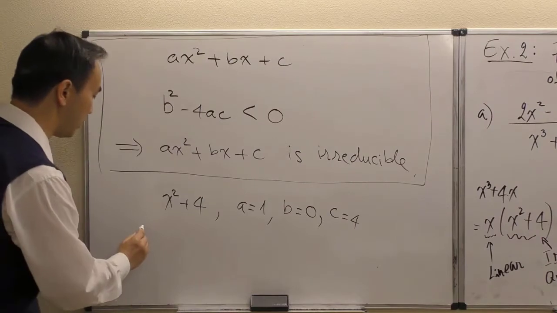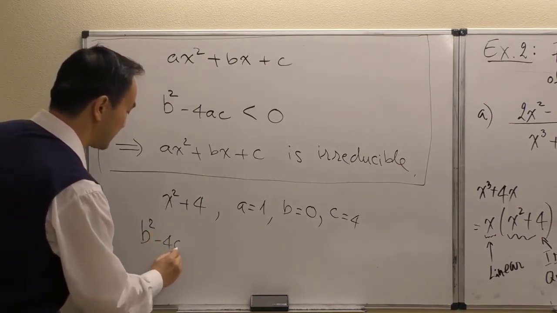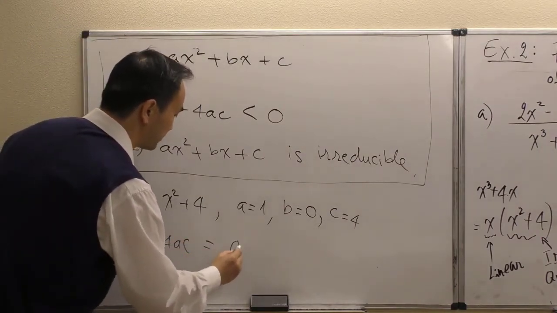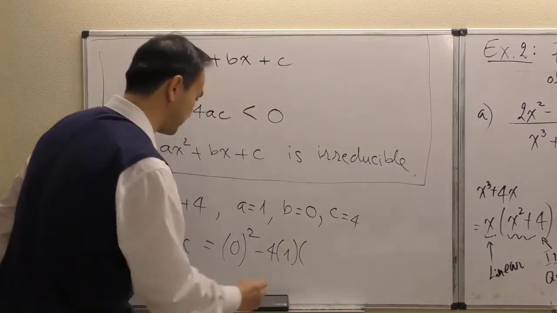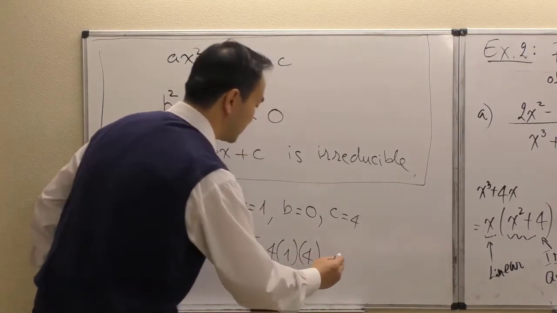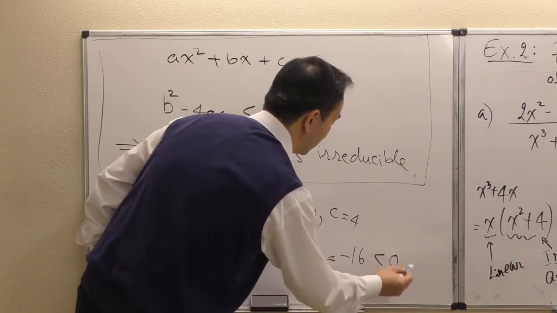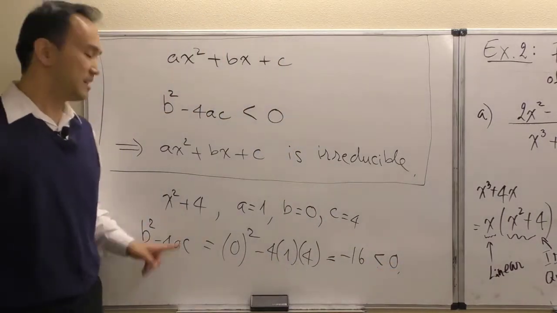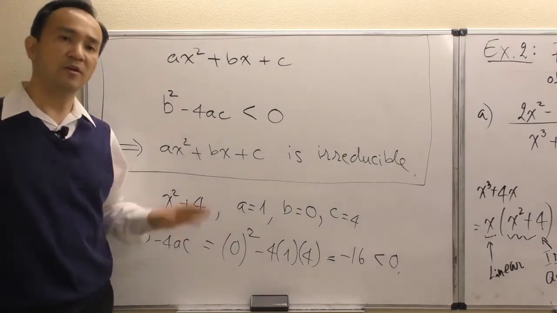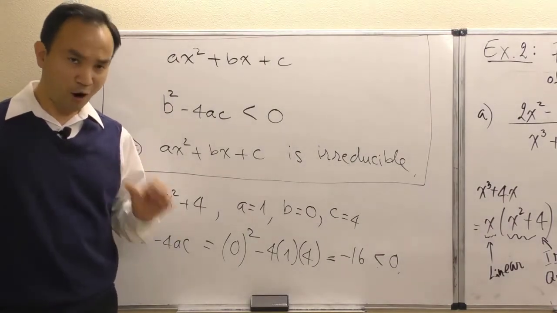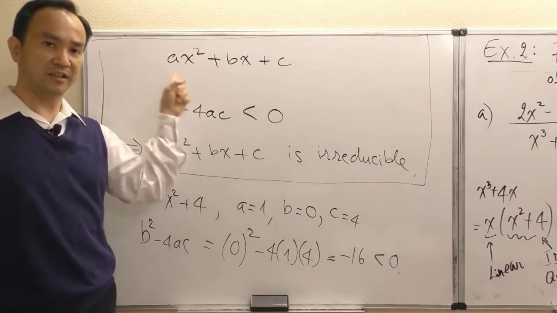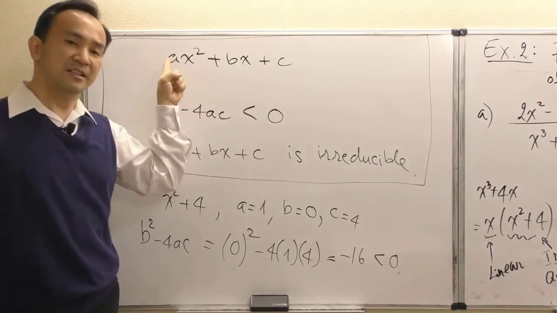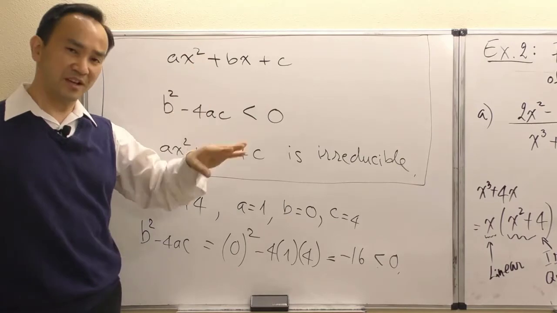So quickly apply b squared minus 4ac: we're looking at 0 squared minus 4 times 1 times 4, and this is obviously a negative value. That's the reason why I can say that our x squared plus 4 is irreducible. So that's the quick and always valid way to determine whether a quadratic given to you is irreducible.